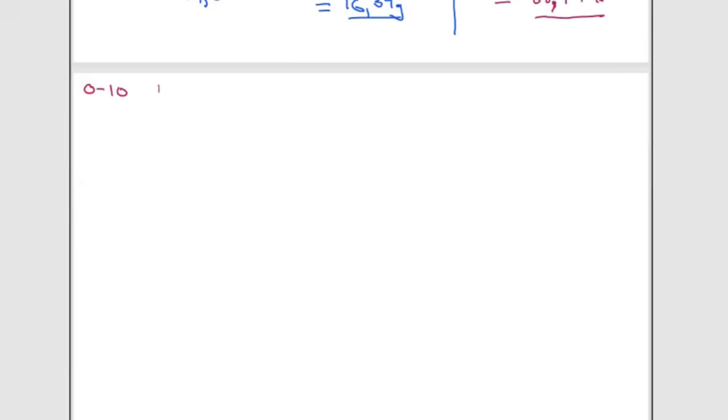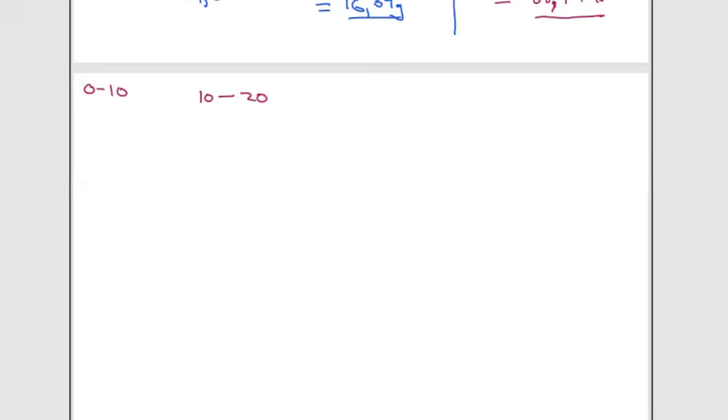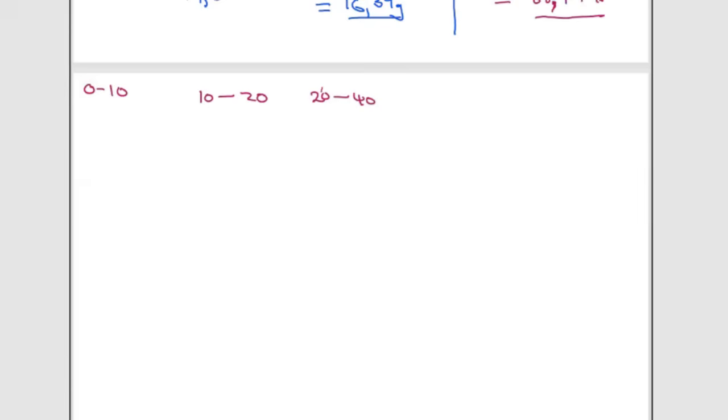After that, the third one is from C to D, which is 20 to 40. And then the other one, from D to E, is from 40 to 60, as my final part, like that, right?